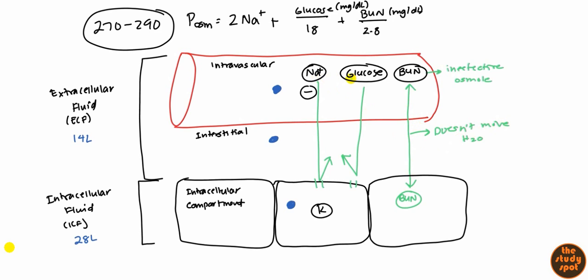Whereas sodium and glucose, if you have a lot of water within the intravascular space, are not going to adjust themselves by going more into the intravascular space or more into the intracellular space, and so they'll cause water to move, not themselves.